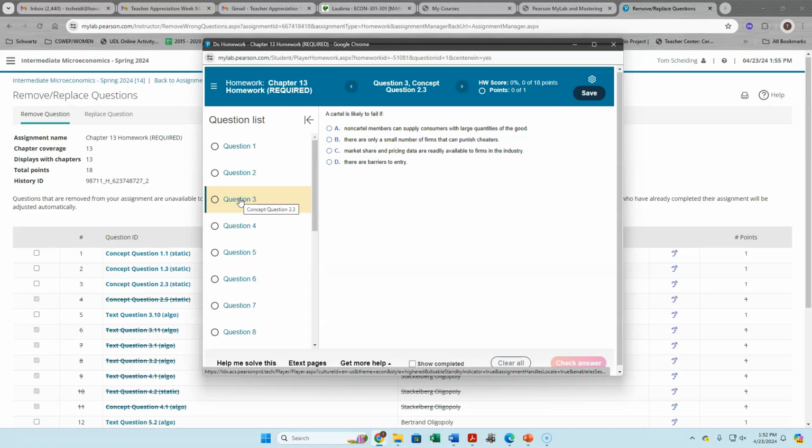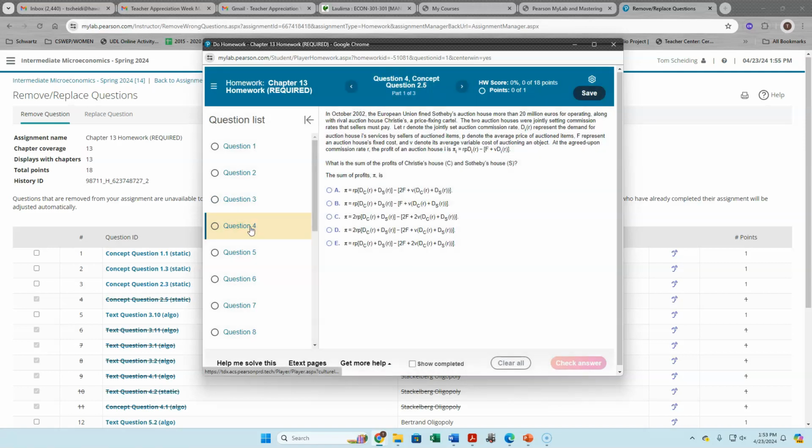So I would change these responses here, but I would say non-honoring cartel members or non-cartel members can supply the consumers with large quantities of the good. Thus, they don't need to be in agreement with the cartel agreement.